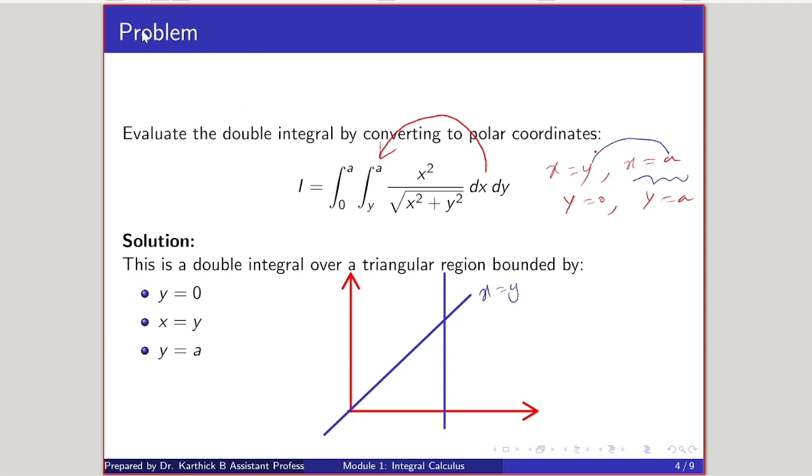This will be the value at somewhere a. So here x equal to a, and at this point it will be the point a comma a. So clearly see, x varies from y to a.